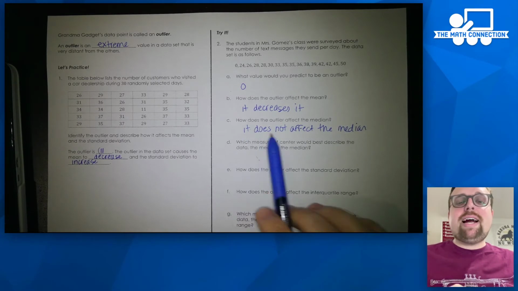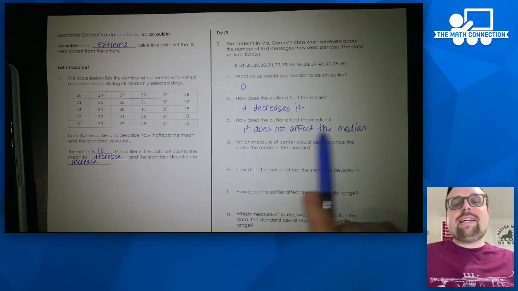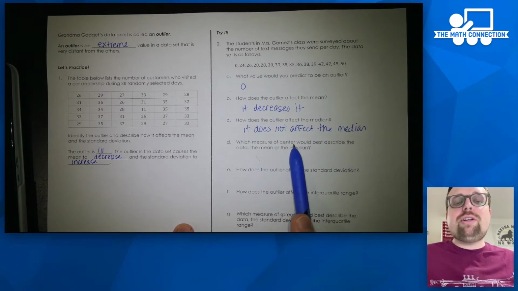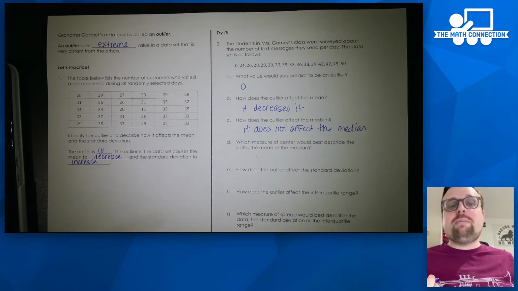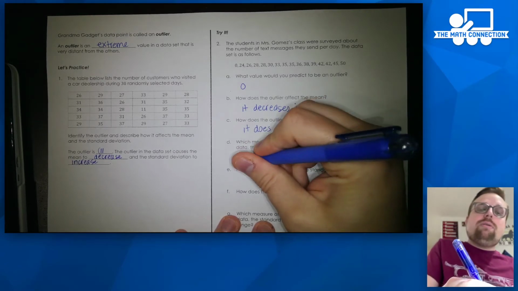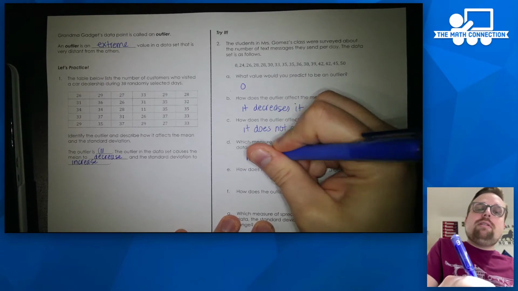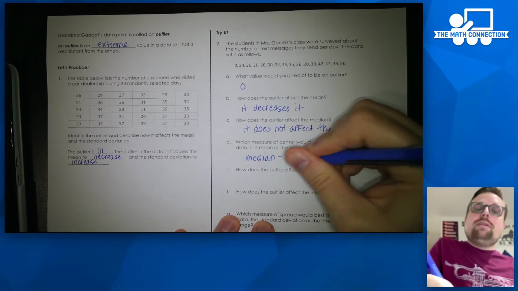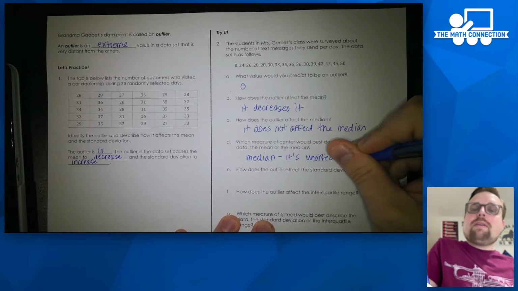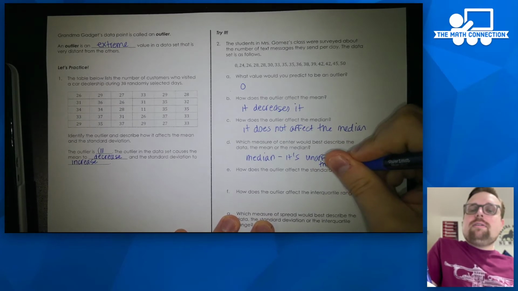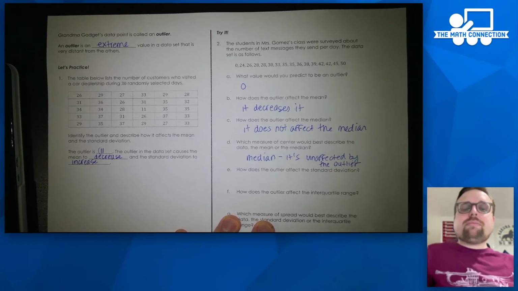And we've already decided that the outlier doesn't affect the median at all. So if we're looking just for the measure of center, the median would be a better choice here because it's not going to be pulled at all by that 0. So we're going to put the median. It's unaffected by the outlier.